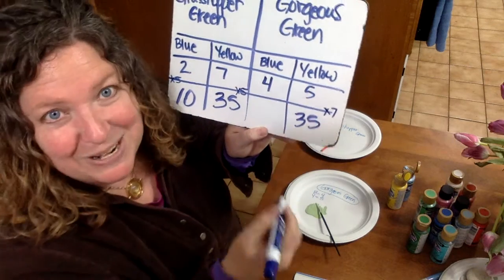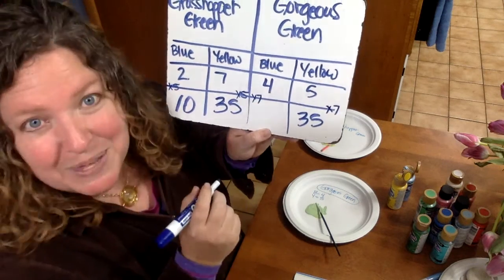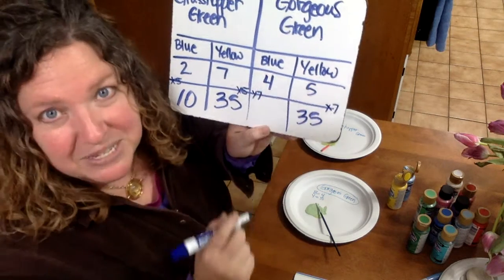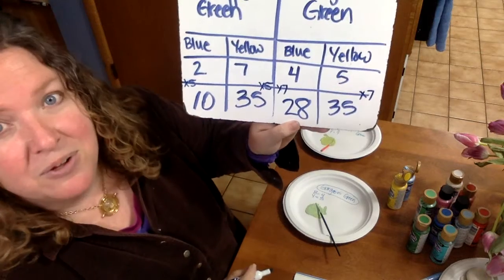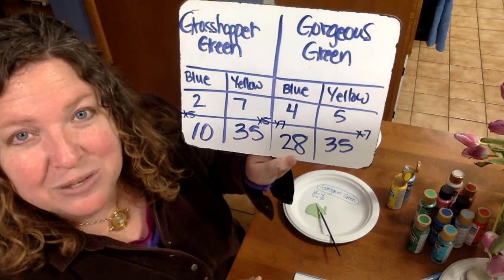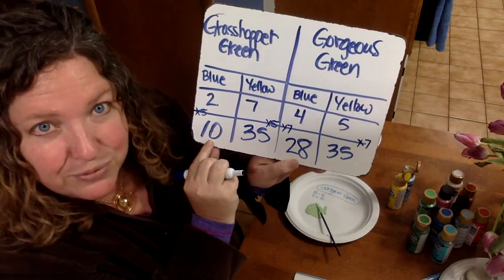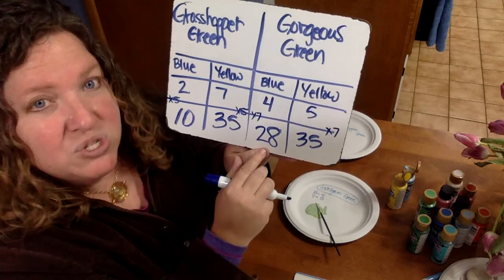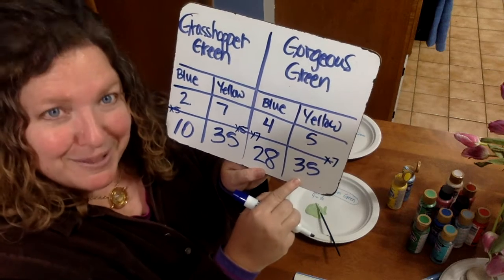If you do it on one side of the ratio, you've got to do it to the other side. So we're multiplying that one by 7 too. If we did 7 recipes of the yellow, we've got to do 7 recipes of the blue. 4 times 7 is 28. Now we have a way that we can compare them. Grasshopper green has 10 blues for 35 yellows. Gorgeous green has 28 blues for 35 yellows.